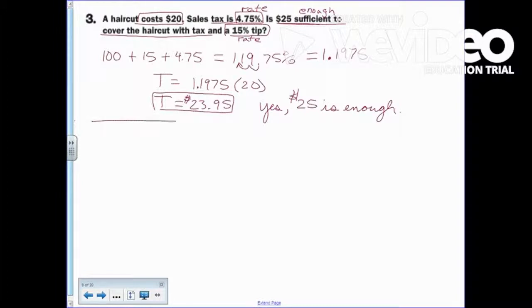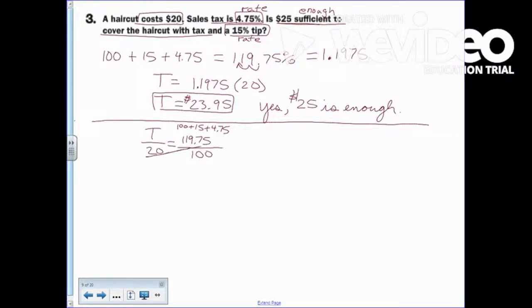How would I do this with a proportion? I would take my capital T for total to be my part. $20 is my whole. I'm going to still add 100 plus 15 plus 4.75 to get my percentage of 119.75 on top, which goes over 100.